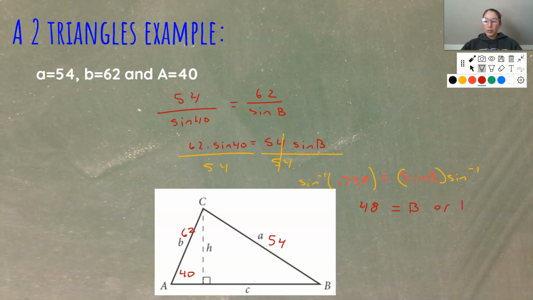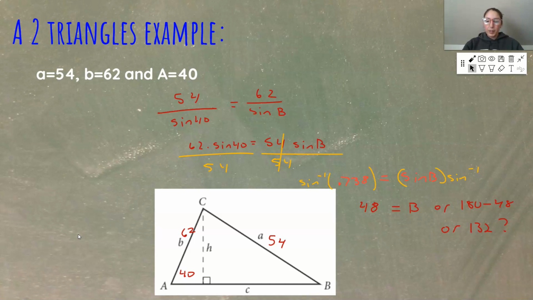Or 180 minus 48, or 132. So the question is, well, does that 132 also make sense? Would that be a valid angle for B? So B can either be 48 or 132.